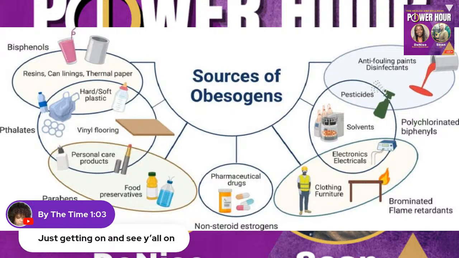Those parabens, yes. That's what lays those edges down. I'm telling you, because I'm a cosmetologist, that was one of the things that I made sure I didn't even use. I didn't want to touch it.